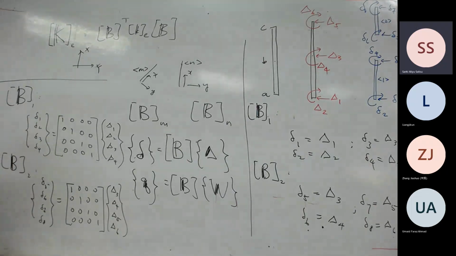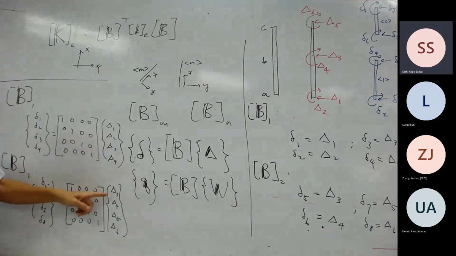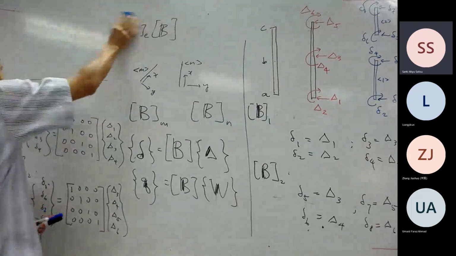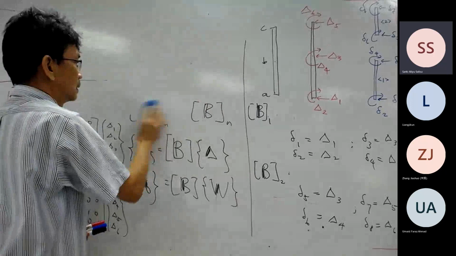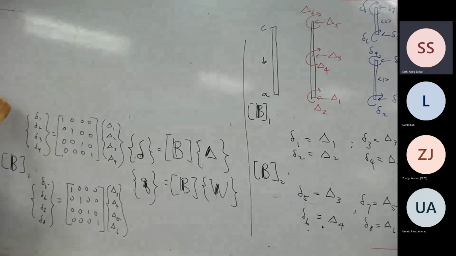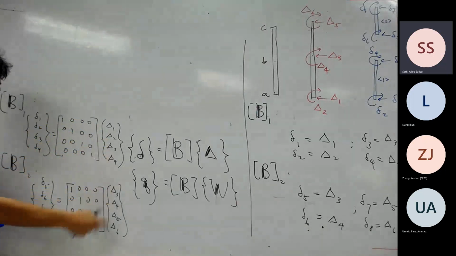Okay. But when you combine them, how do we combine them? Then you have to refer back to this. The process of combinations. So when you do combinations, you rely on this to combine.